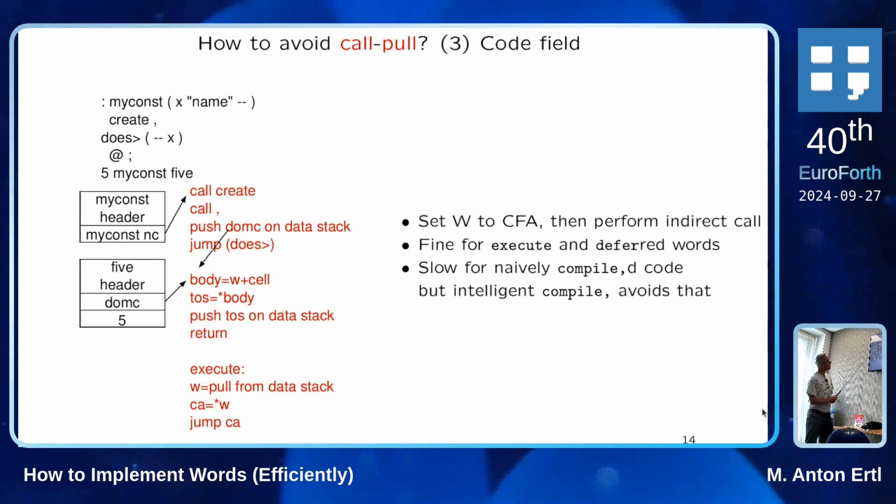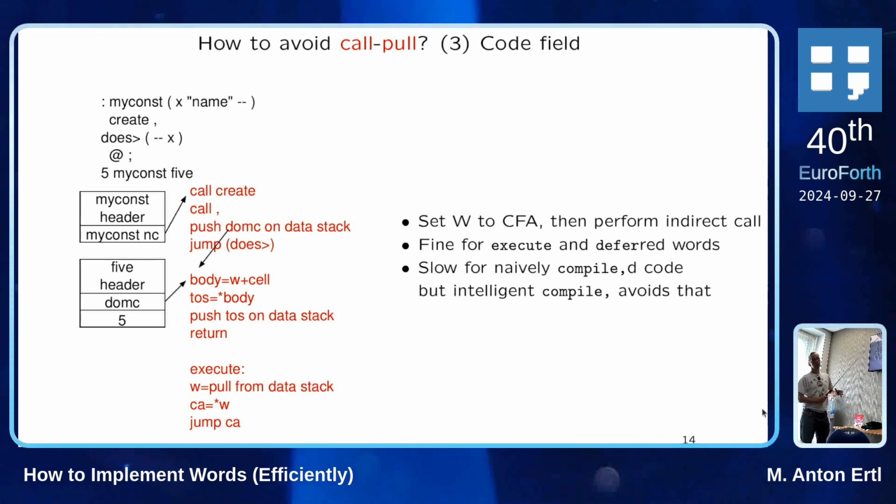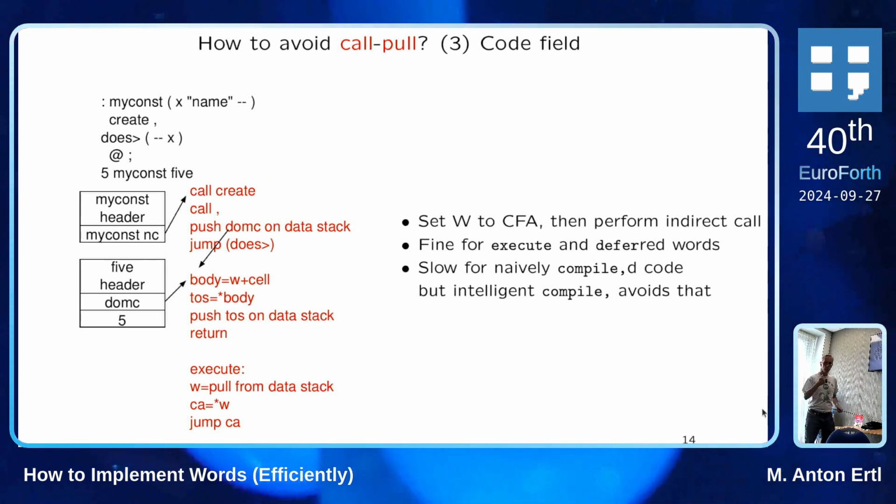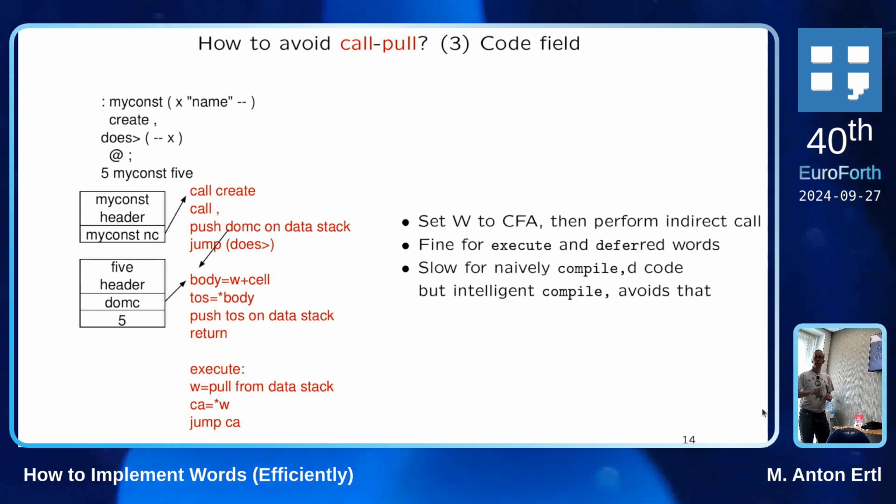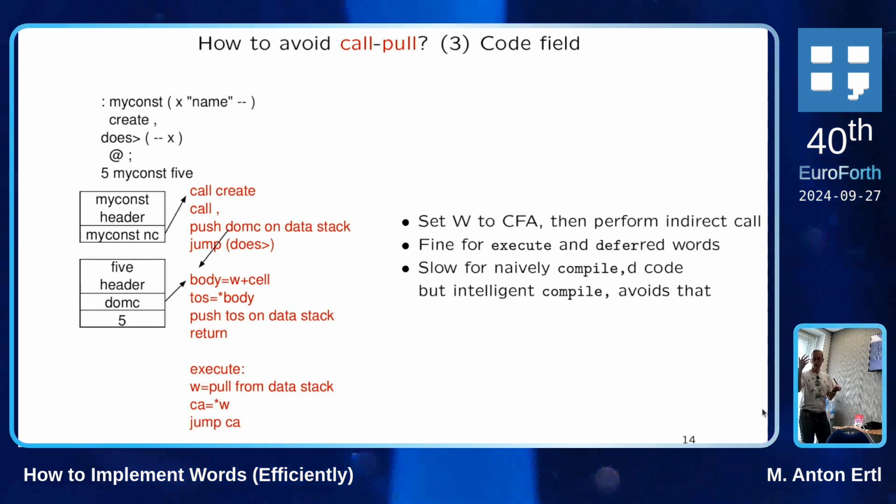You don't want to do this for every call in your compiled code, because then before every call you would have to set up W or something to point to this address. But you can do it for stuff like execute and defer, do defer.